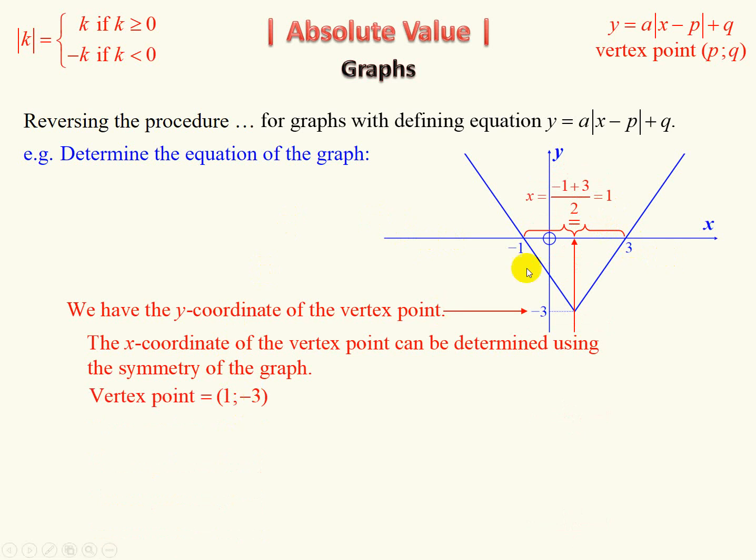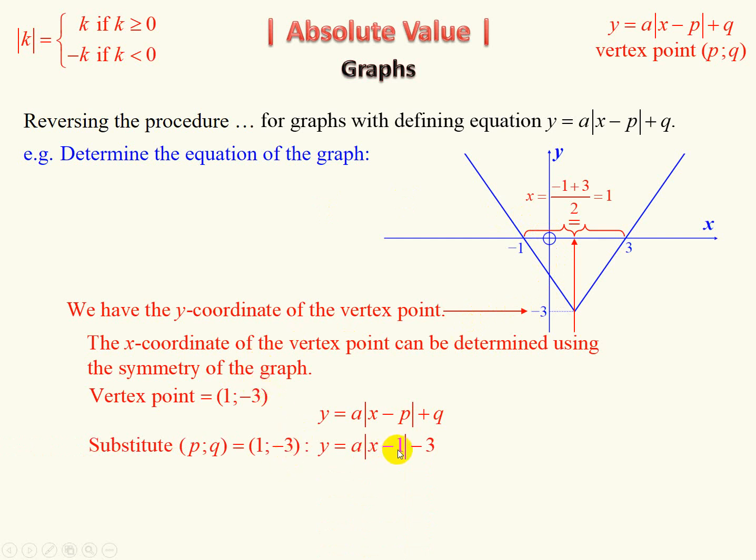And we can continue using either one of those x-intercepts in order to find the value of a. So we substitute p equals 1, q equals minus 3, there's our vertex point.